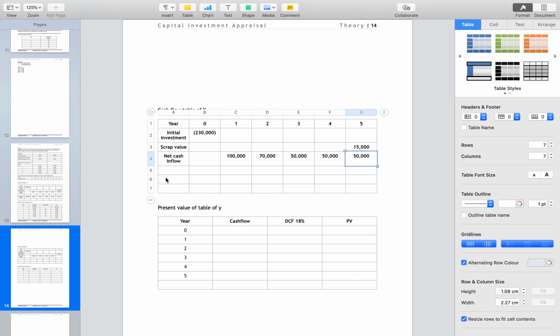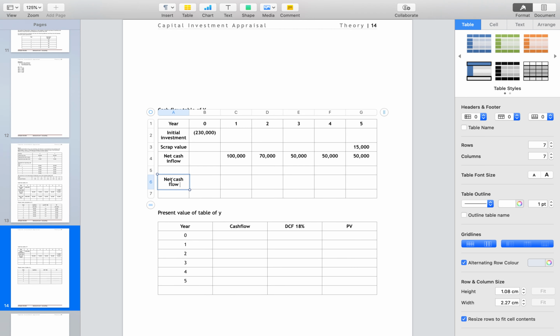Right, and then guys, same as the last one, we're done with the question. Start totaling it up to get your net cash flow. Right, so you total it up vertically, negative 230,000.